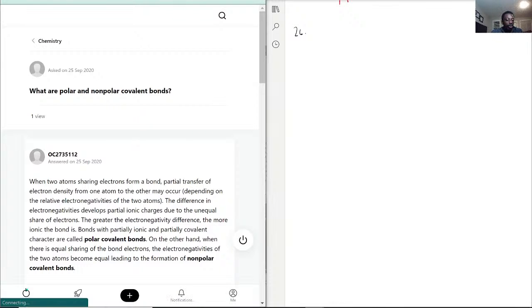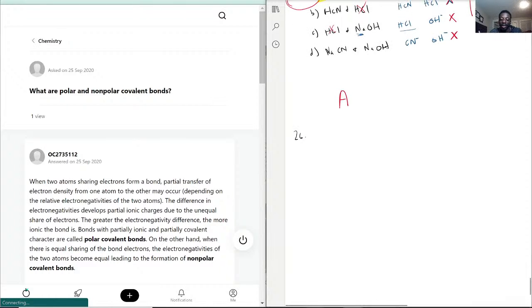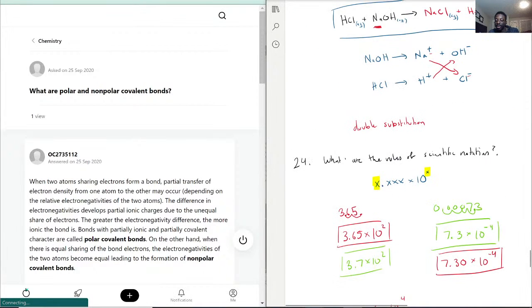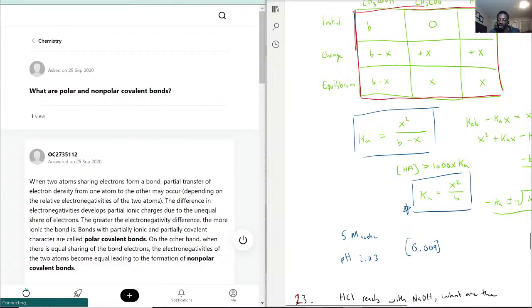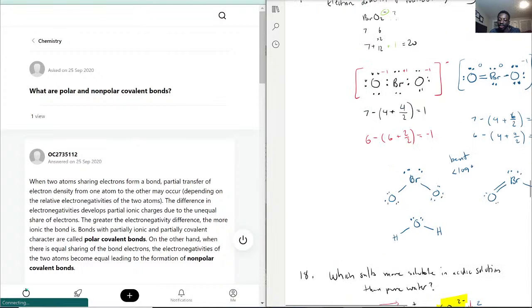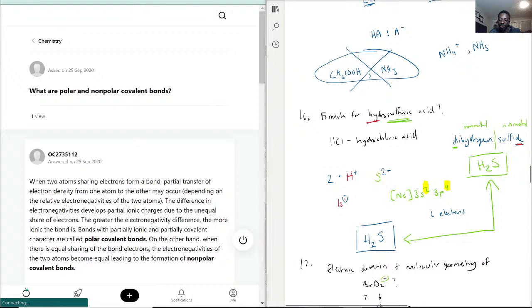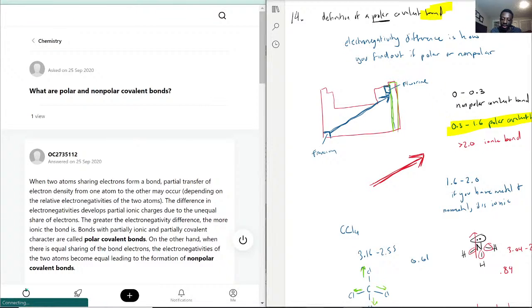What are polar and non-polar covalent bonds? I'm glad that I broke that down earlier, because I'm actually going to, well, not really cheat per se, but copy and paste what we discussed earlier. Why? Because I would consider this gold. So I know we discussed electronegativity, so what I'm going to do here is literally just copy this section. This is also for my notes as well. In fact, I guess I'll keep this stuff about ionic.